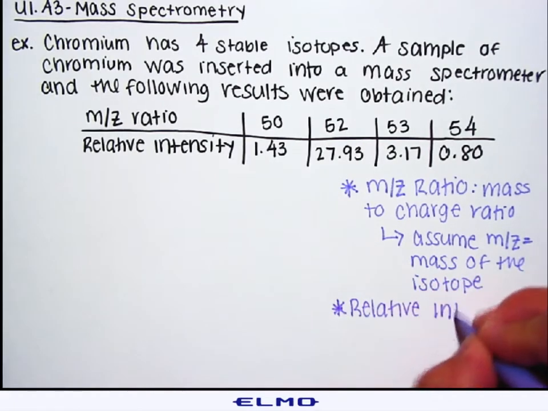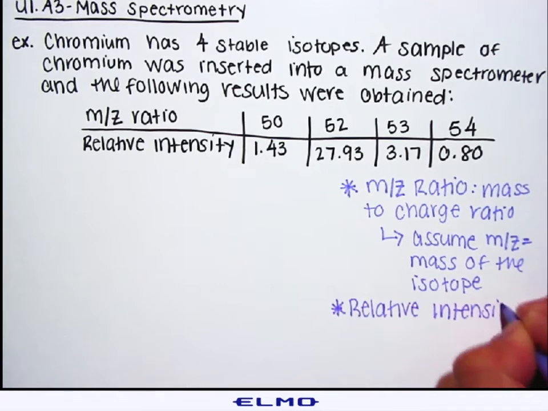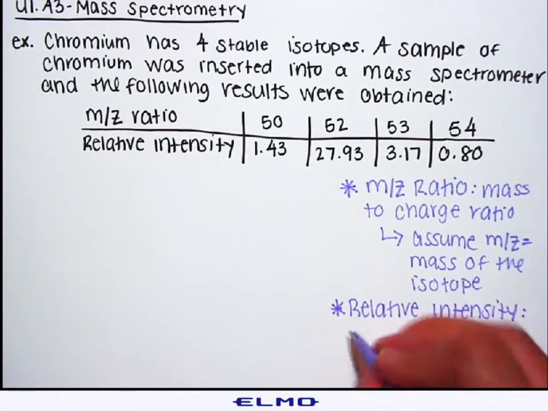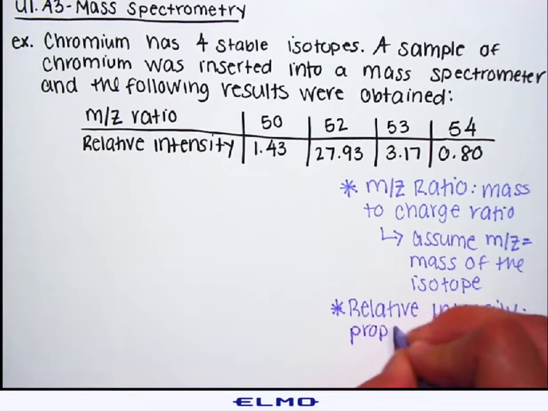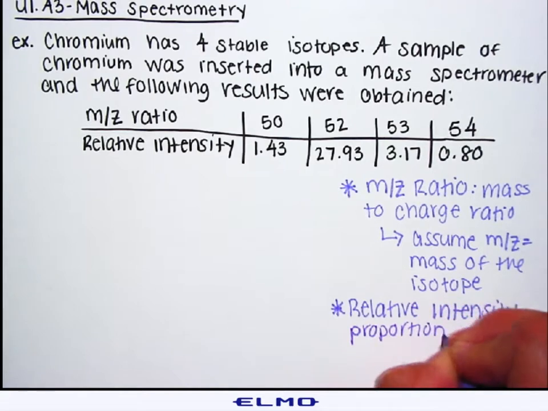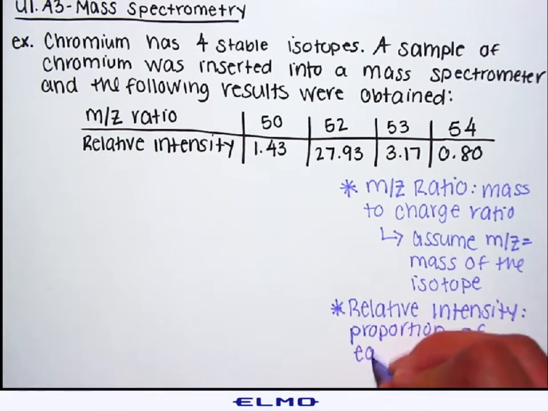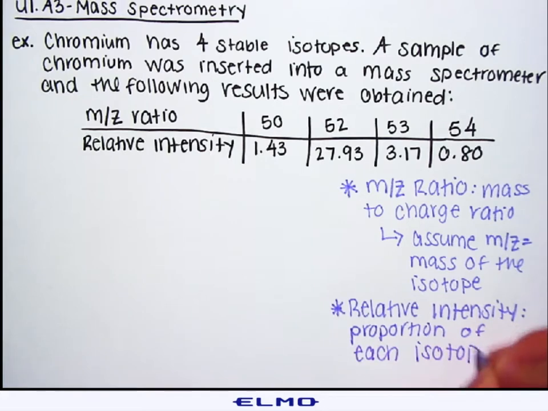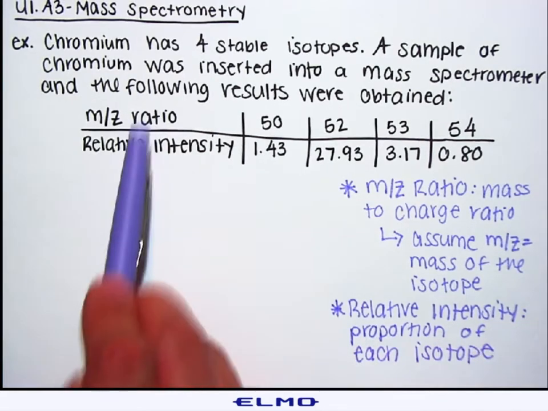Next, relative intensity is the proportion of each isotope. So that is what we have in our table.